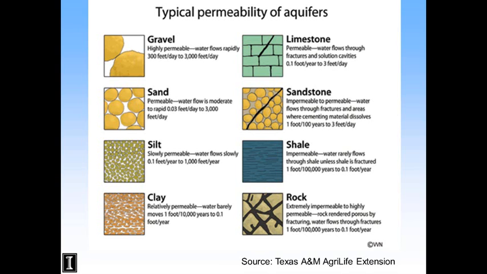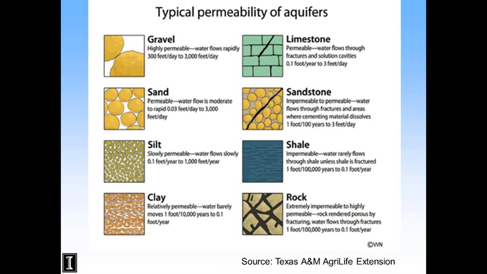Clay may have a lot of porosity. It may have a lot of water holding capacity, but because the particles are so small, the water molecules can't move through it very fast. So in general, clays in unconsolidated deposits and shales, especially in consolidated rock, are considered aquitards, or confining layers, and they basically retard water flow rather than promote it or allow it to happen.